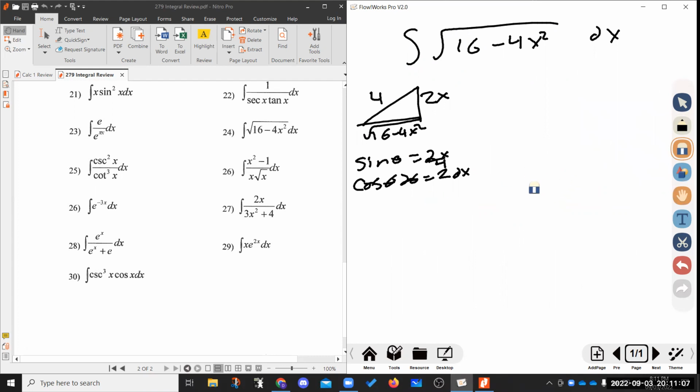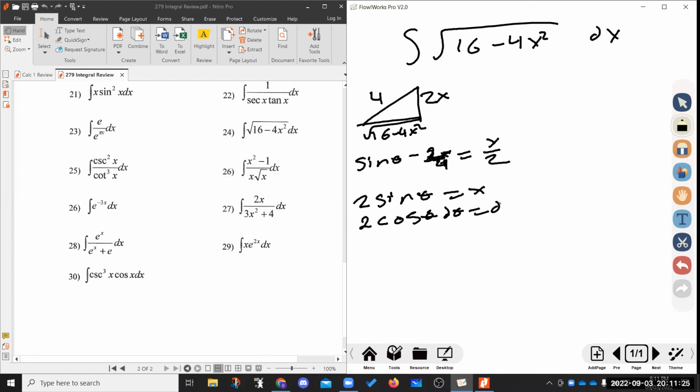So this is over 4, which is the same as x over 2. 2 sine of theta is equal to x. 2 cosine of theta d theta is dx. All right. So this is 4 cosine of theta, and this is 2 cosine of theta d theta. That looks better to me. That's 8 integral cosine squared theta d theta.